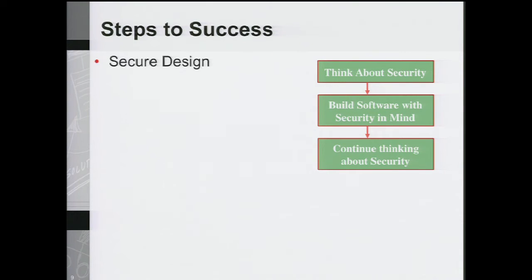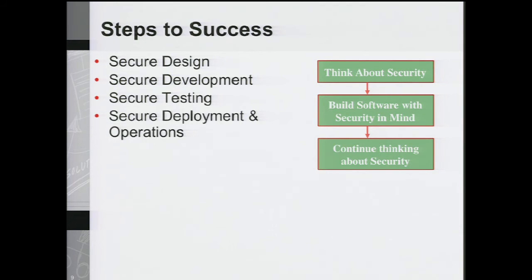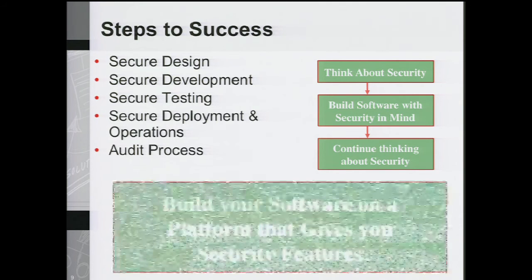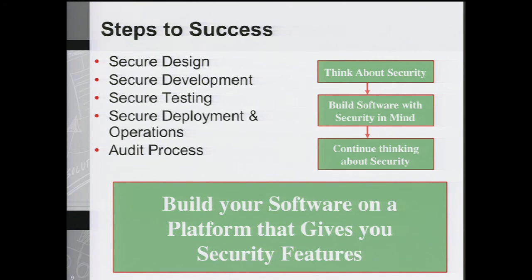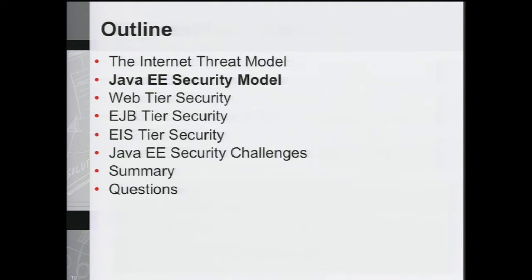Think about security, secure design, secure development, secure testing, secure deployment and operations, audit process, and most importantly, build your software on a platform that gives you the security features. And if you really think about it, the Java EE platform actually does that. So let's look at the Java EE security model.